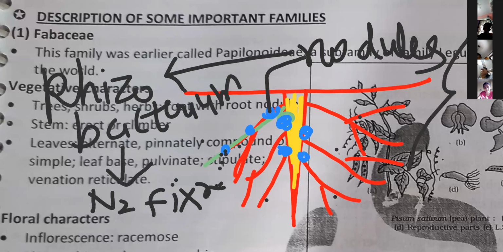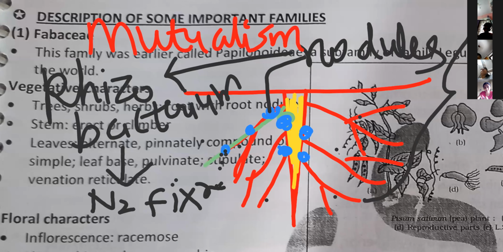So it's an example of mutualism. It's an example of what? Mutualism. These roots we call symbiotic roots.